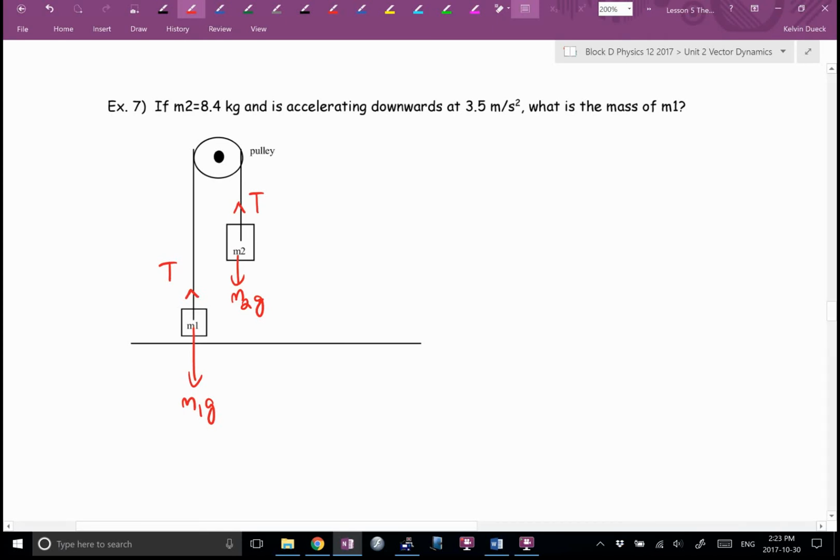Which is the mass that we know? m2. Okay? Which way is m2 accelerating? This is why I had to tell you that, because you need to know who's winning. So let's make a little note here. a is that way. Draw a little arrow on it. So writing an equation for m2, who's winning? Who's losing? What does that equal?